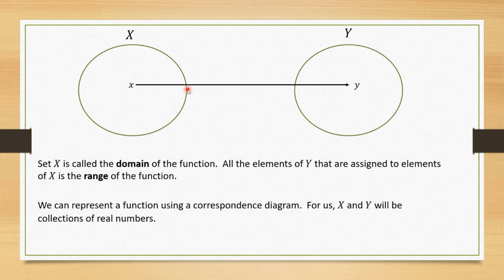That's where all your x's come from. What the function gives back to you is called the range. In other words, all the elements in Y, the second set, that are assigned something from X, we call the range.